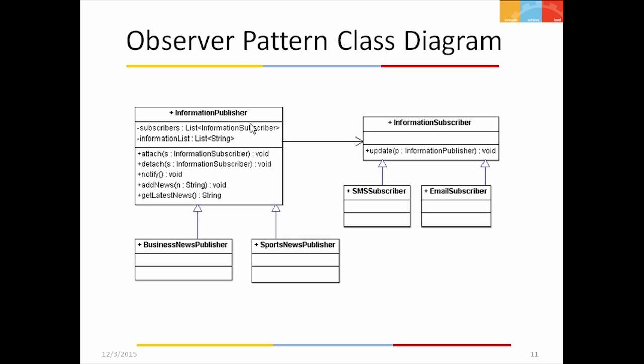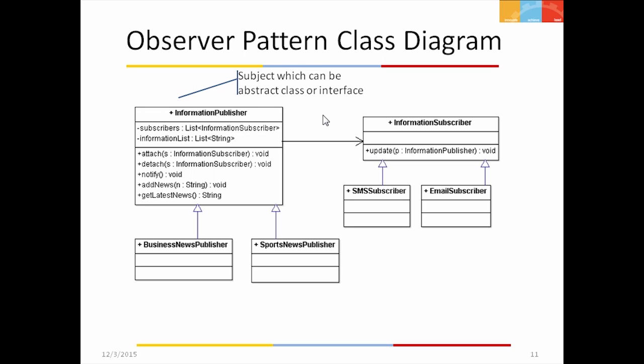Then the other side is the subscriber. Subscribers basically have a method called update, and update has an input parameter p from information subscriber, and there are different subclasses to both publisher and subscriber.